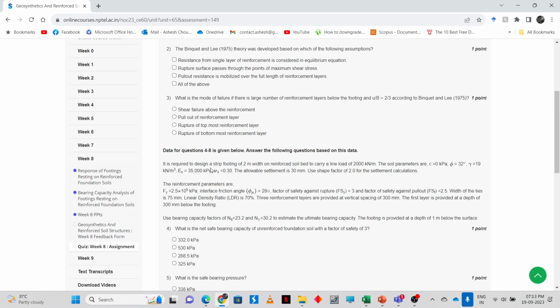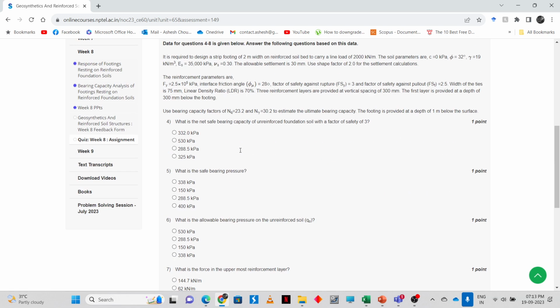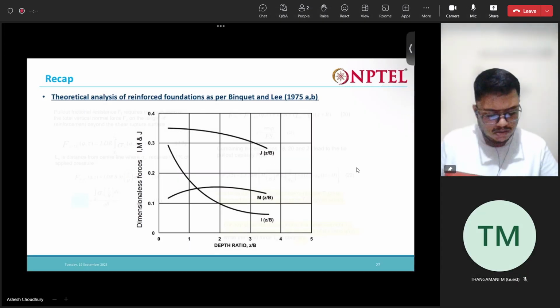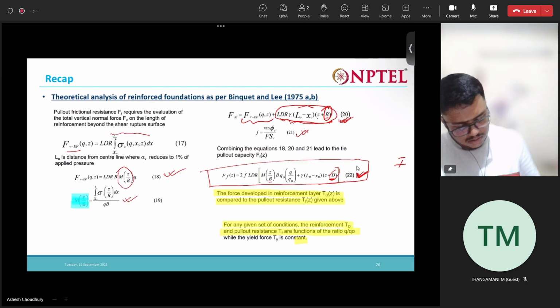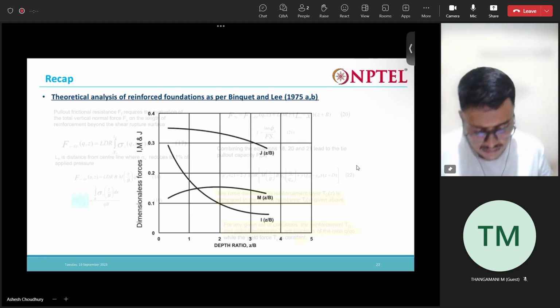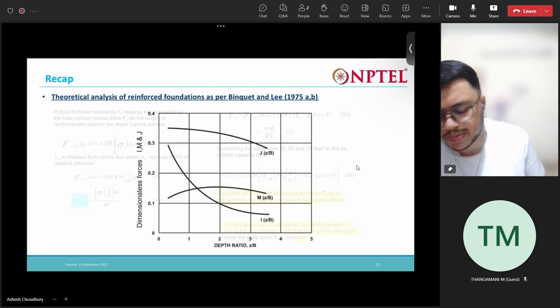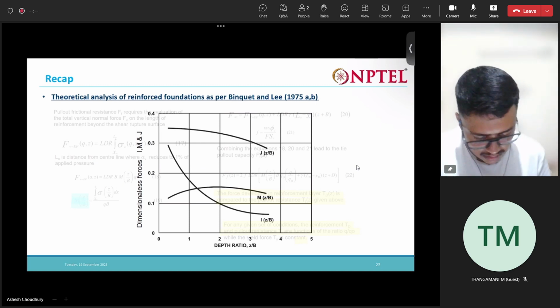Over here they provided a strip footing of 2 meters. Okay, whatever be it, just check yourselves once. I think that D should be depth, because you are multiplying with gamma.